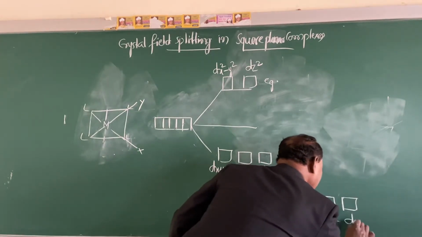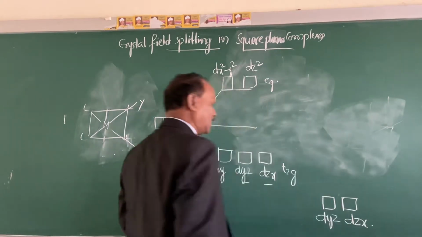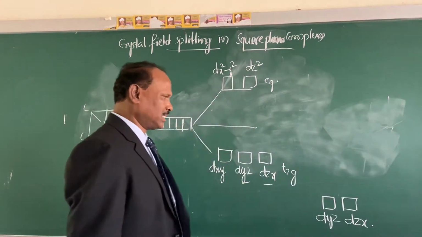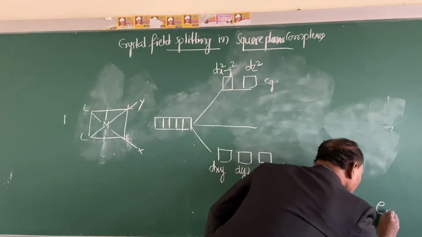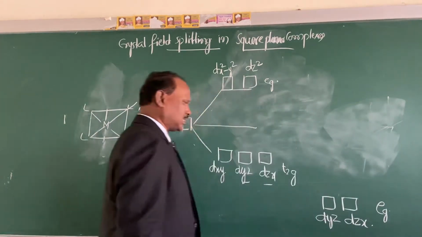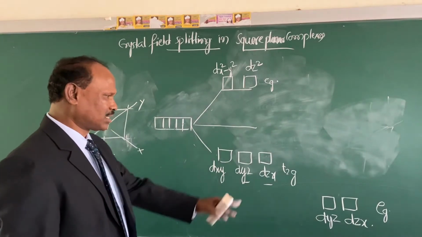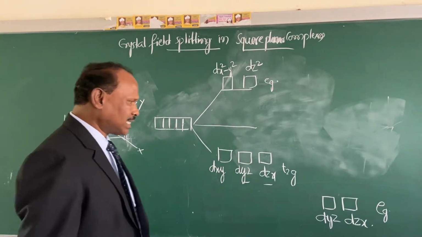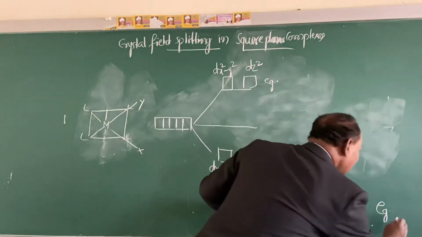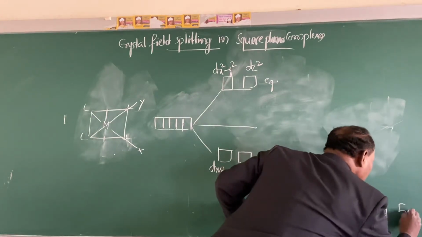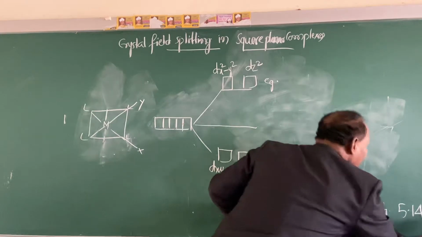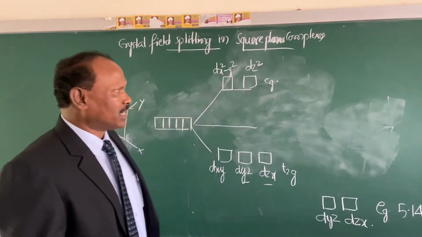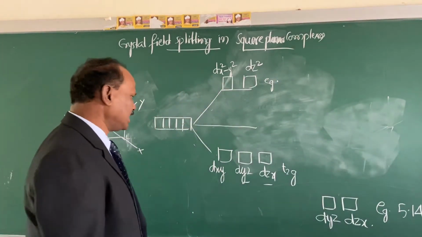So dyz and dzx orbitals suffer minimum repulsion, and they are termed as Eg orbitals, and their energy is minus 5.14 Dq.